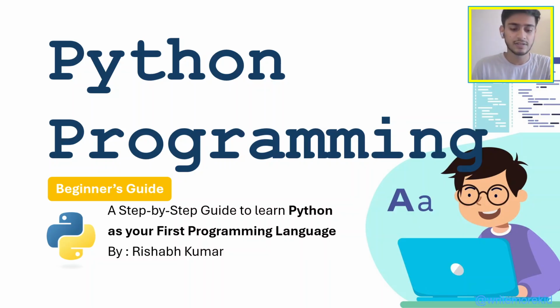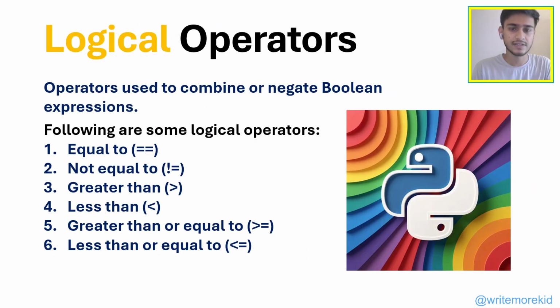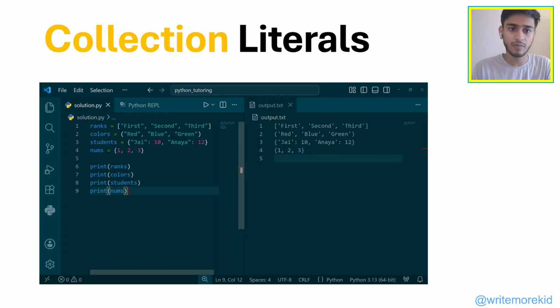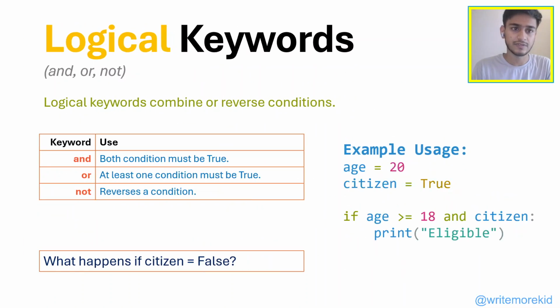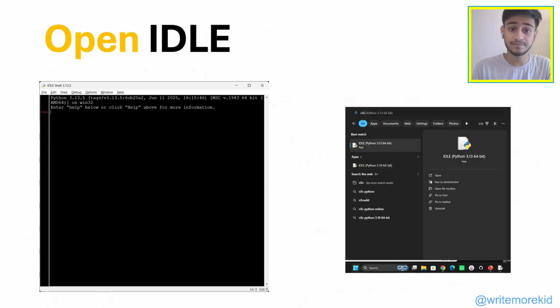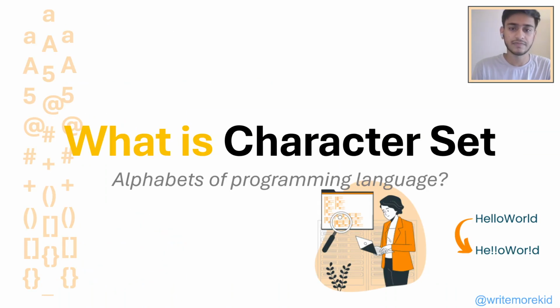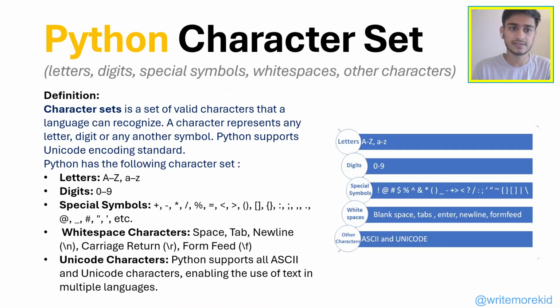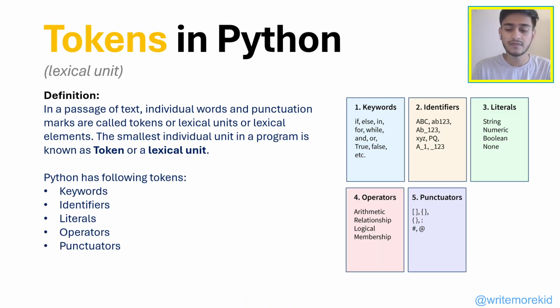So till date, we have covered these many things. The very first thing was the print function. Then we practiced character sets and understood what character sets are. Later on, we moved to tokens and understood what different types of tokens are present in Python.